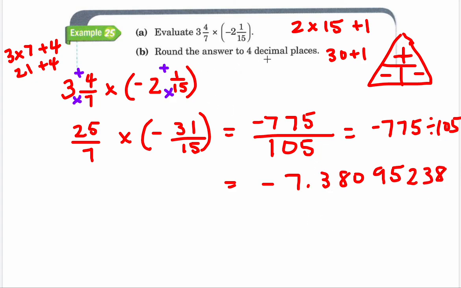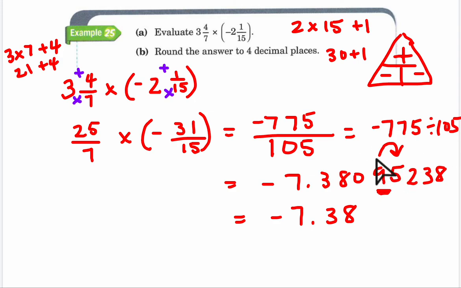They want us to round to 4 decimal places: 1, 2, 3, 4. So I underline the 4th decimal place and look to its neighbor. It's a 5. 5 or more means that we have to add 1 more. So this is 7.38, and adding 1 more would be 10, which would then add over here. Let me use a different color so you can see that.